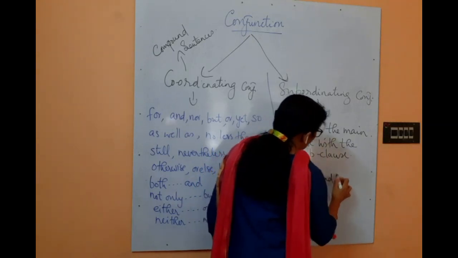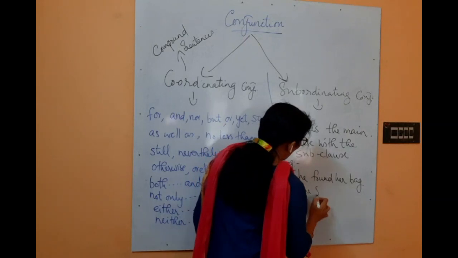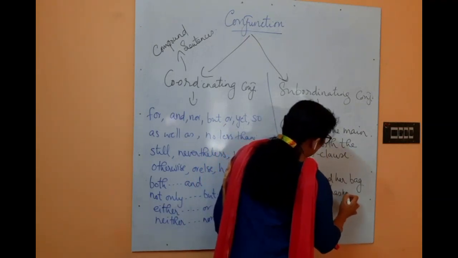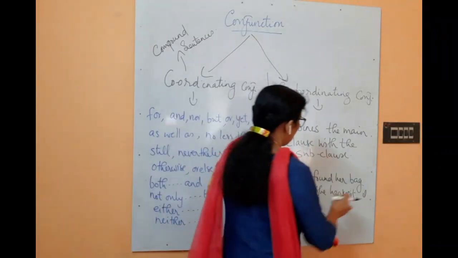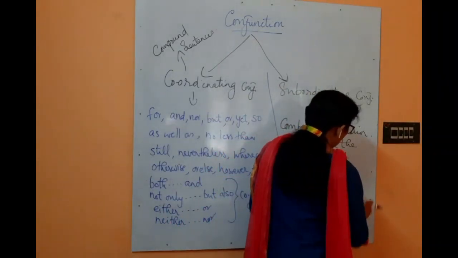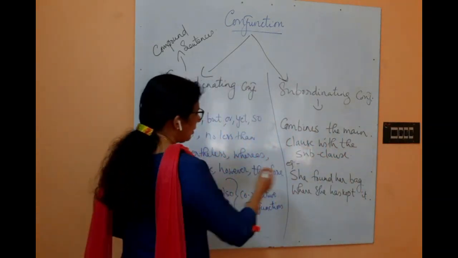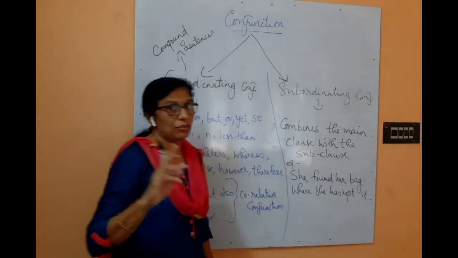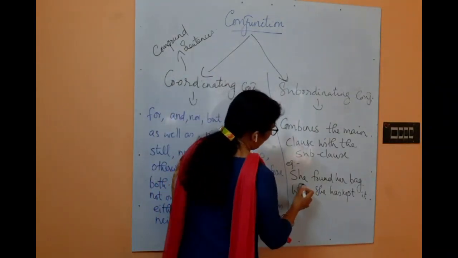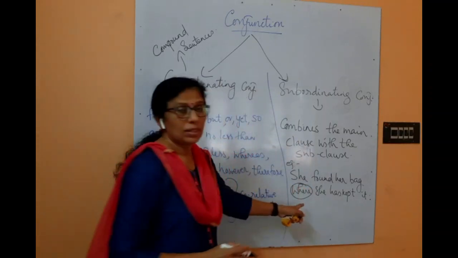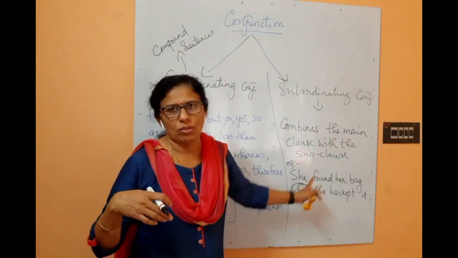She found her bag where she has kept it. In the sentence, if you remember the clauses, how to pick out the subclauses, you can see that where is a word which we use to combine the main clause with the subclause.